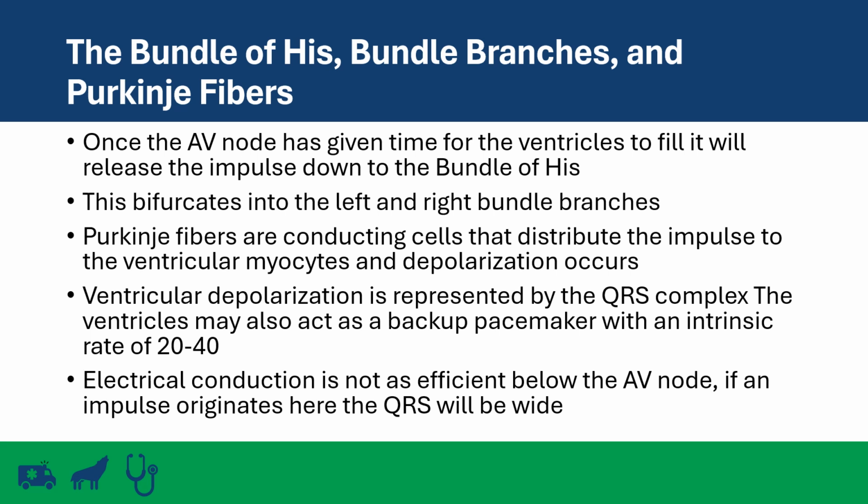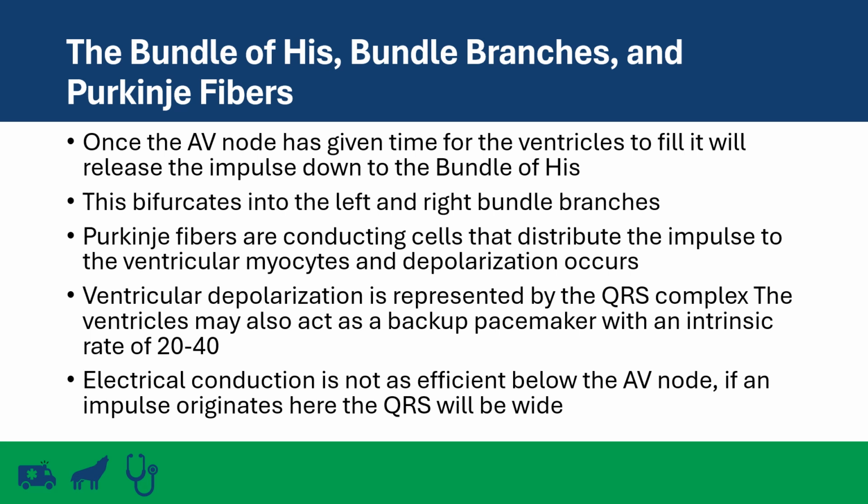Additionally, one thing that is important to know when learning EKGs is that electrical conduction, or the wiring of the heart, is not as efficient below the AV node. So, if an impulse originates from below the AV node or from within the ventricles, the QRS will be wide.